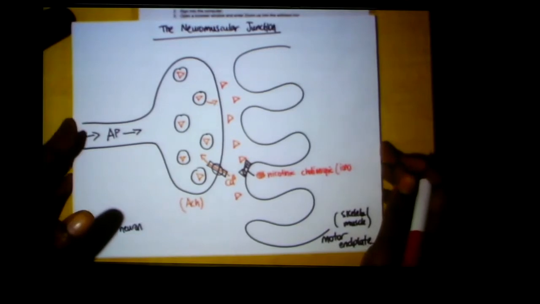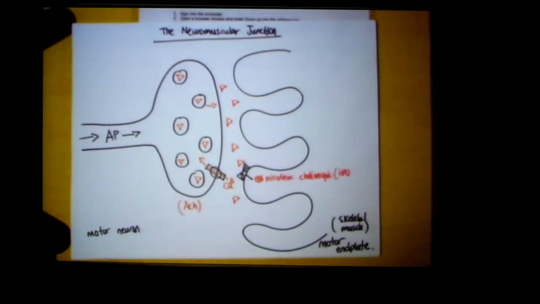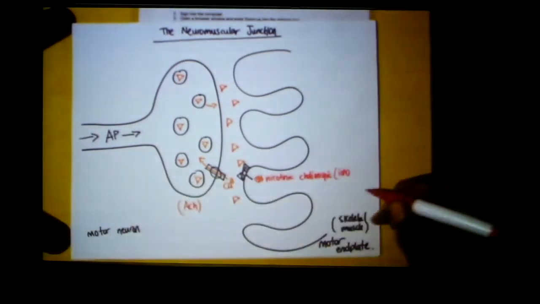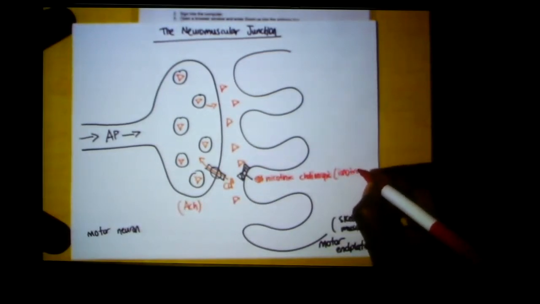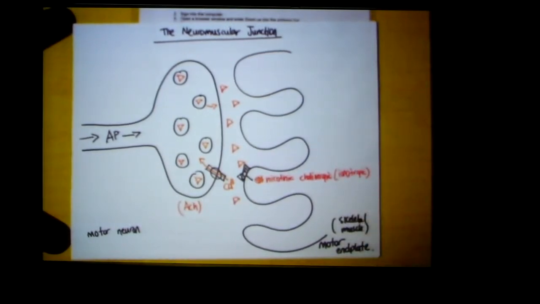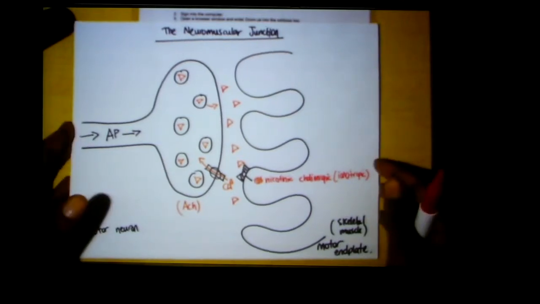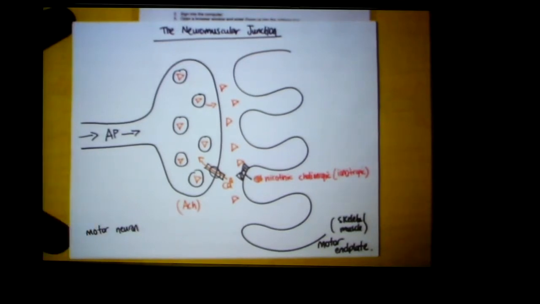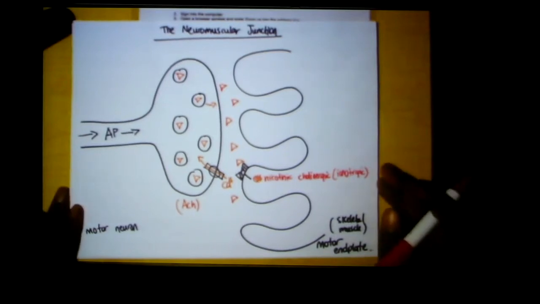Can you see that? Yes, exactly. Nicotinic are ionotropic, muscarinics are metabotropic. Those are synonymous, okay? You can think of nicotinic as the name, whereas ionotropic is describing the way it operates, okay?